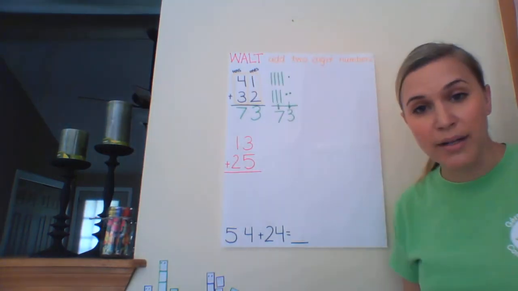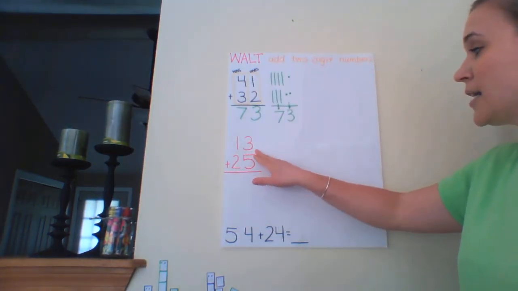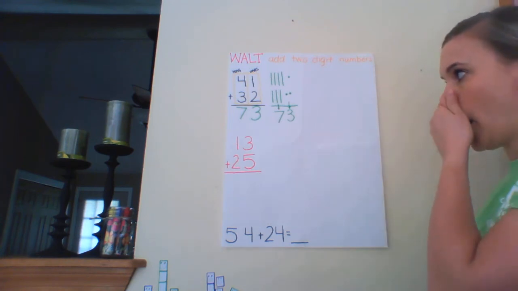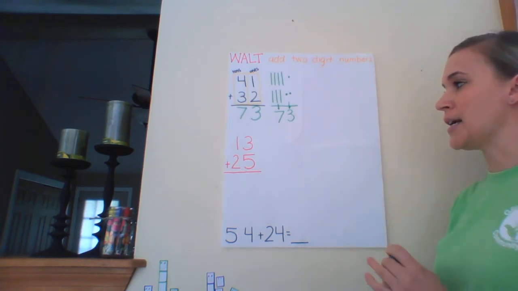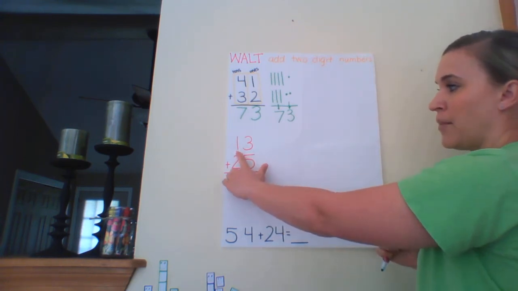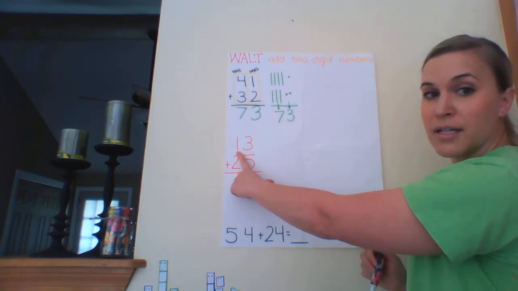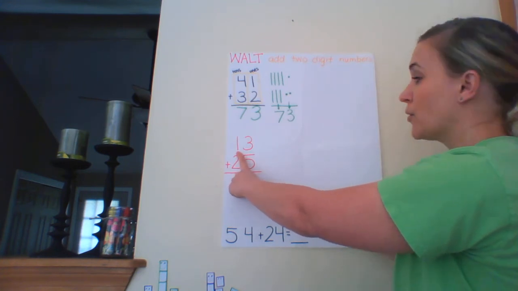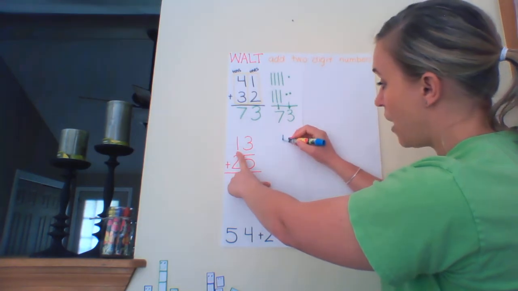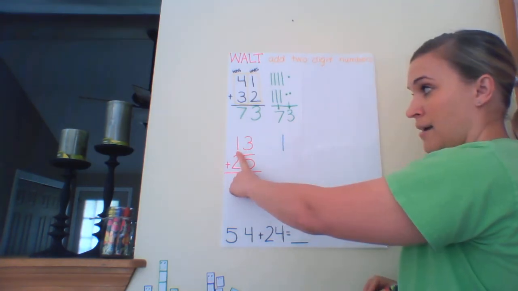So now this next one is 13 plus 25. Let's look at our number 13. How many groups of 10 do we have in 13? One group of 10. So I'm going to draw my 1 ten stick.